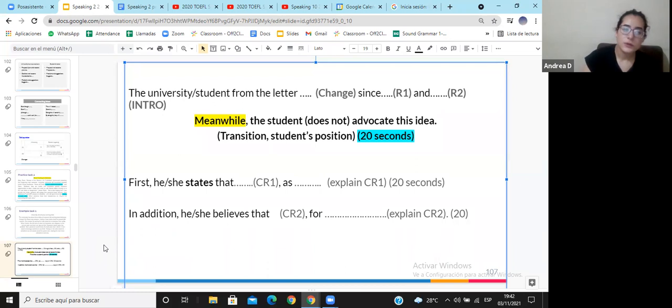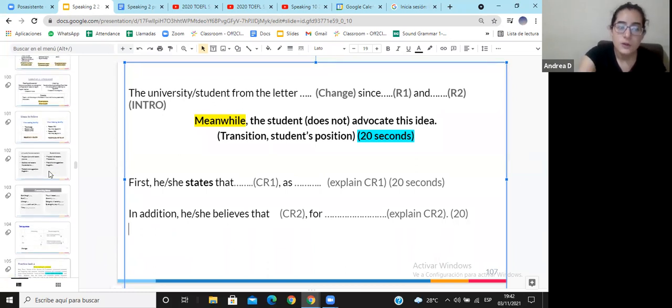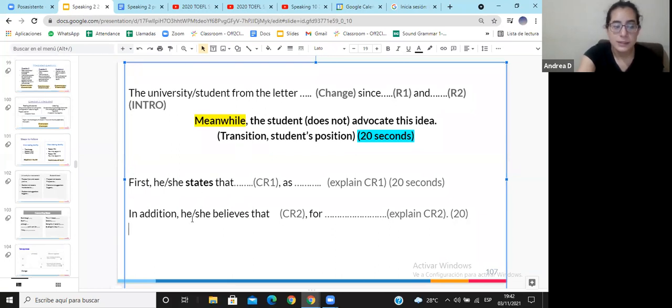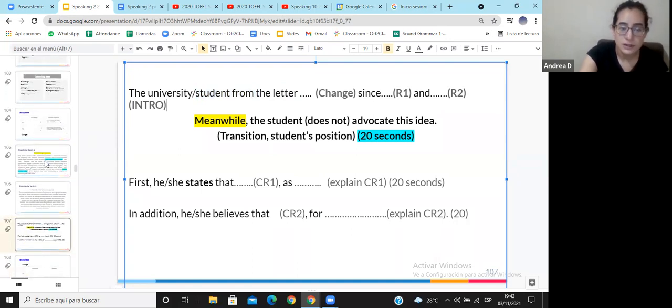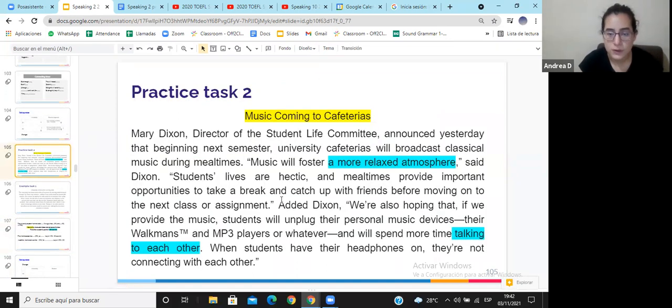Okay. So I wanted to say before we practice, there are some cases in which you will have something a bit different. The reason why I have this, the university or student from the letter, is because sometimes it isn't the university who's announcing this. In this case, it was the director of the student life committee who announced.